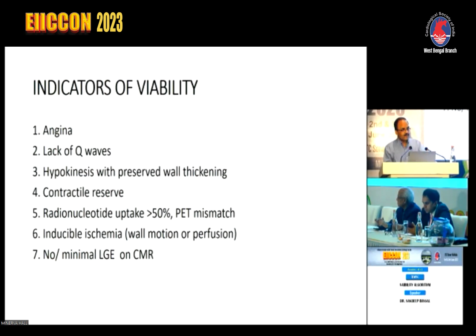So on the thallium scans, if we have radionuclide uptake which increases by more than 50%, that is a marker of viability. If you have seen any nuclear scan, on the right side of it there is a bar chart which shows areas which are absolutely dark to those which are bright orange. That is the sliding scale on which the perfusion changes.